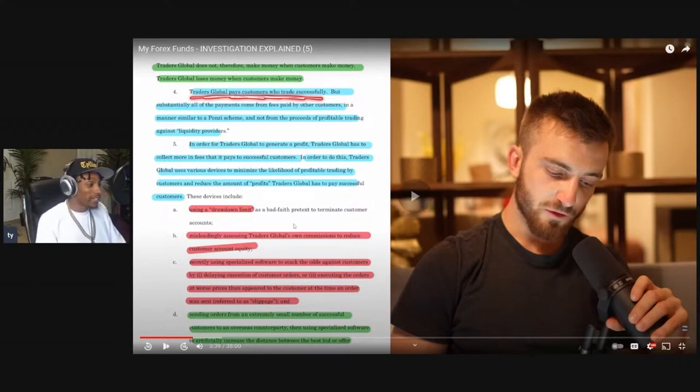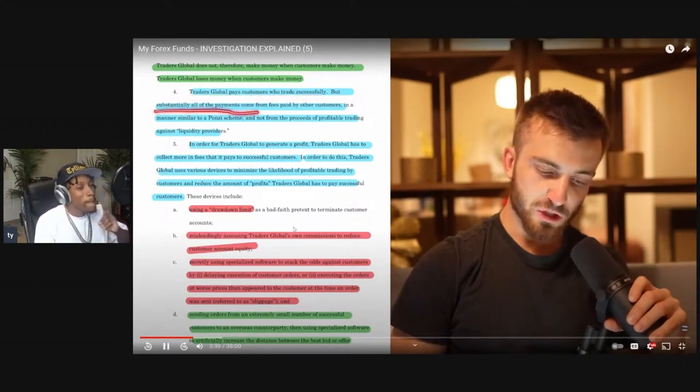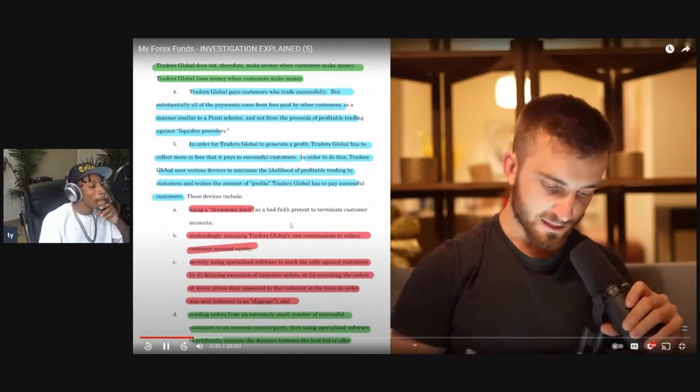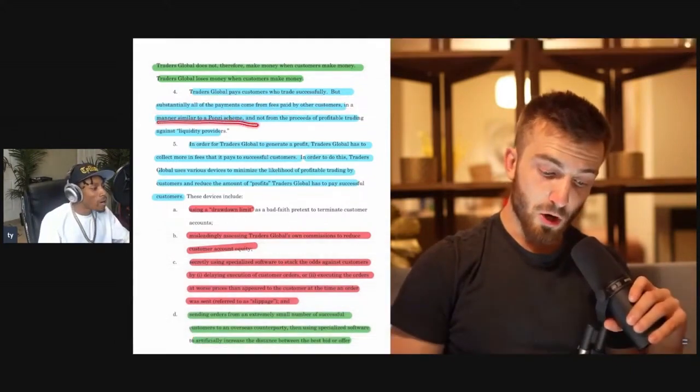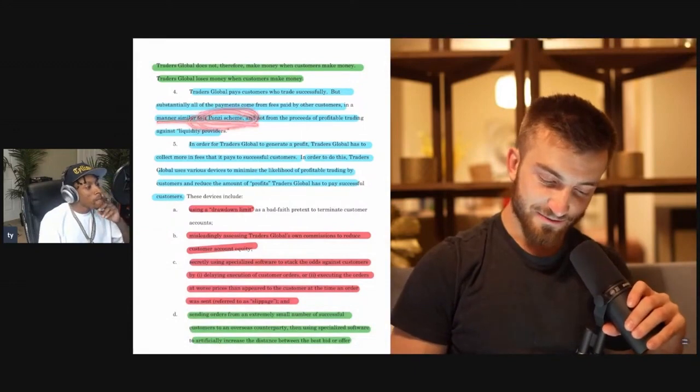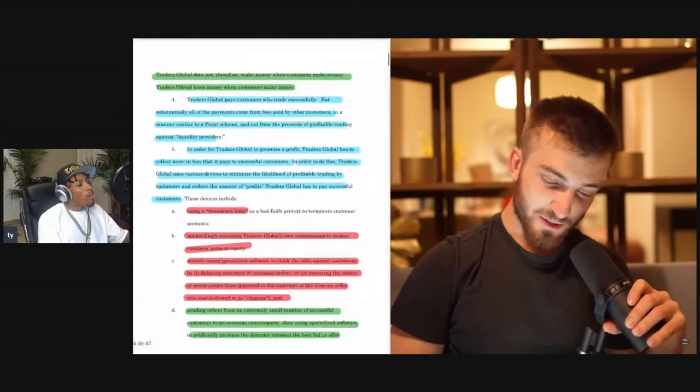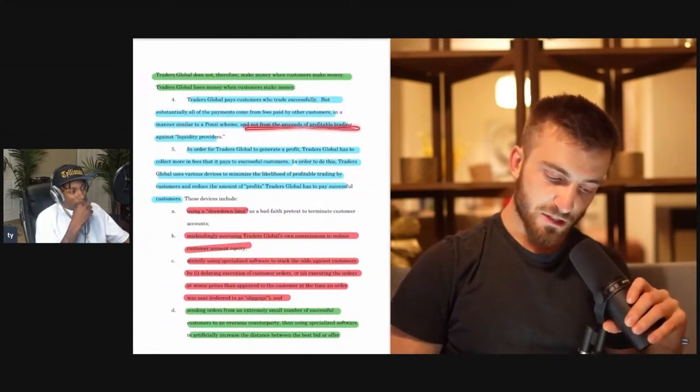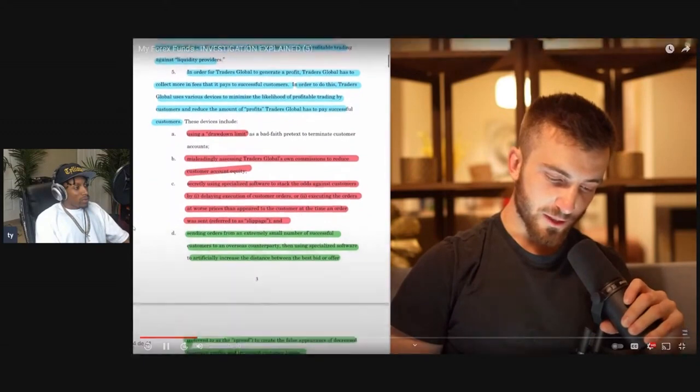But this is crazy. Substantially all of the payments come from the fees paid by the customers, in a manner similar to a Ponzi scheme. This is huge, man. Ponzi scheme, just basically calling it very similar to a Ponzi scheme, and not from the proceeds of profitable trading against liquidity providers.